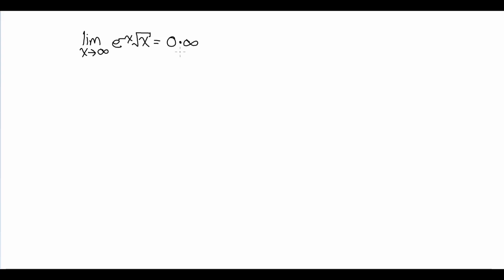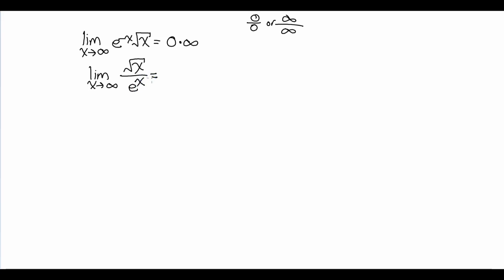However, you can't use L'Hopital's rule because that is not 0 over 0 or infinity over infinity. So what you have to do is convert it into a form where it yields one of these. There's an easy conversion that you should immediately see: e to the negative x can be turned into e to the x in the denominator.